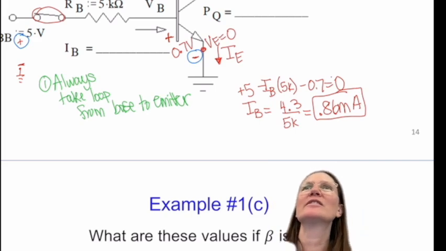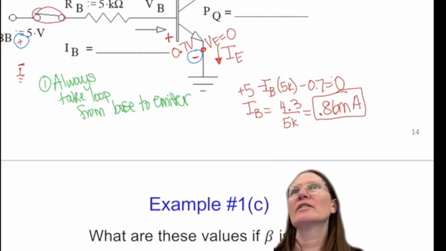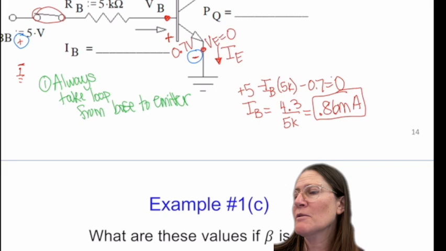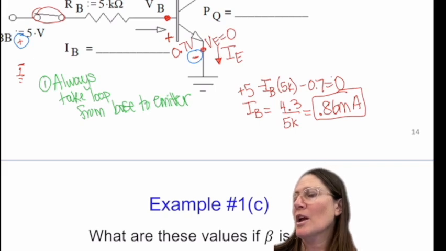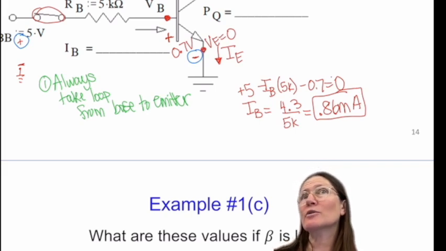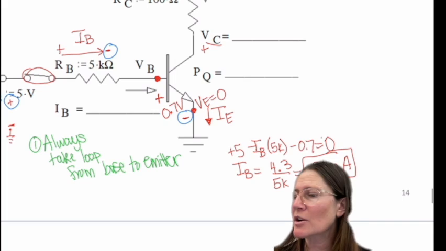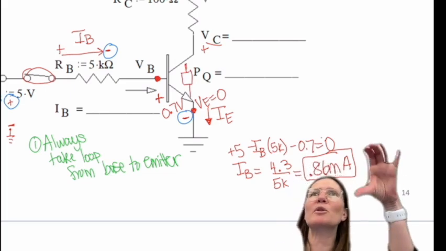Yes? If VE is 0, why are we subtracting 0.7? So there is a voltage here, VB, and there is a diode, like internally there's a diode in there. And there's also internally a diode between VC and VE, but think about it as like some component in there.